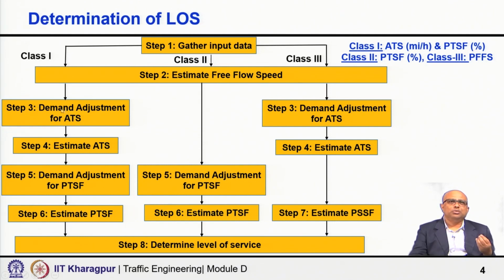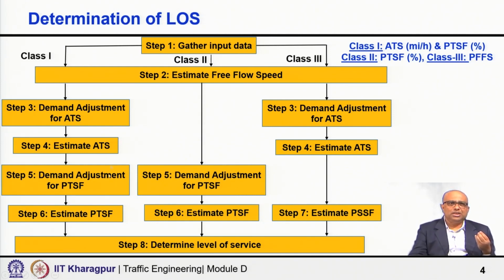In step 3 we adjust the demand by applying the necessary corrections with respect to the ATS, then estimate the average travel speed. Similarly, in step 5 we adjust the demand, keeping in mind the objective of calculating PTSF, then estimate the PTSF.